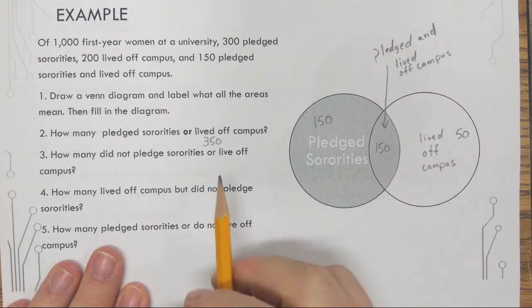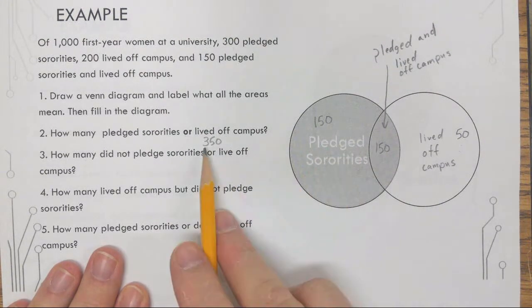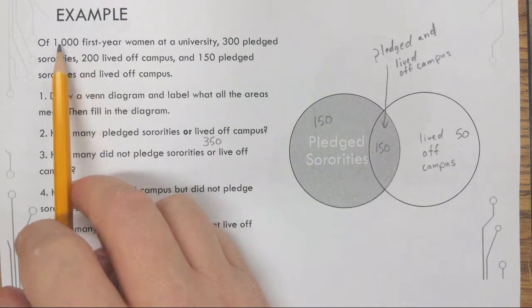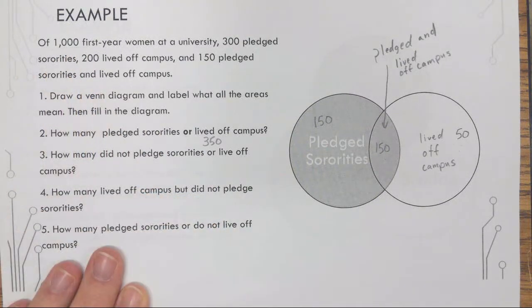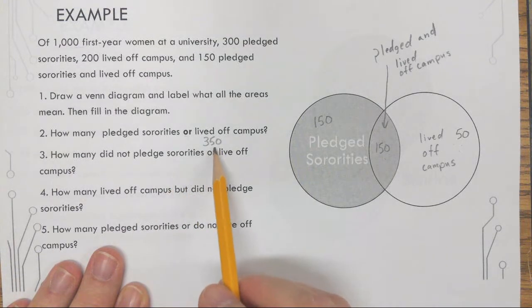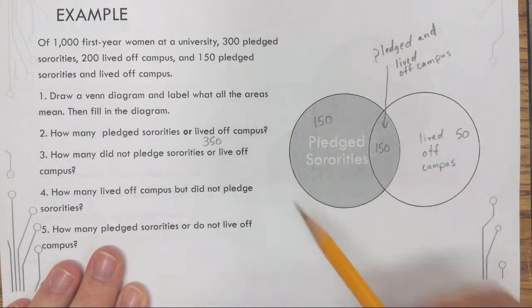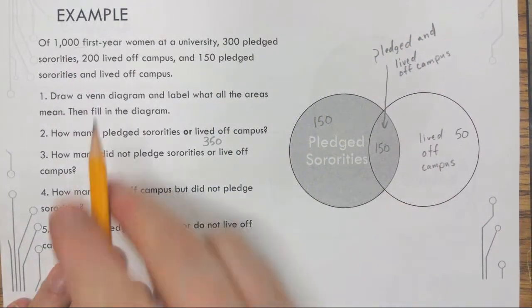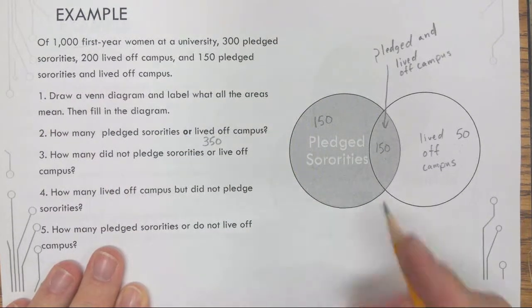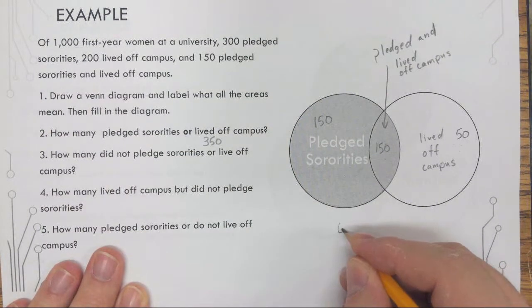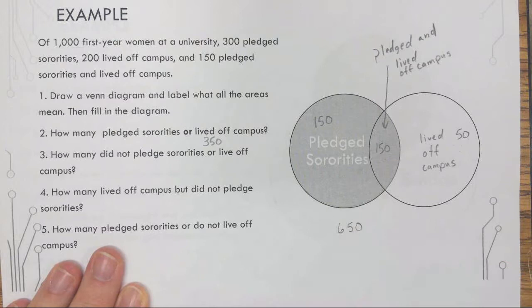Now you might be saying to yourself, okay, well that's 350, but in our example there were 1,000 first-year women. Okay, well this 350 is taken out of that. We've got all this other area, the rest of the universe out here, that's what's left of that. Okay, so out here there's 650 women that didn't do either of these things.